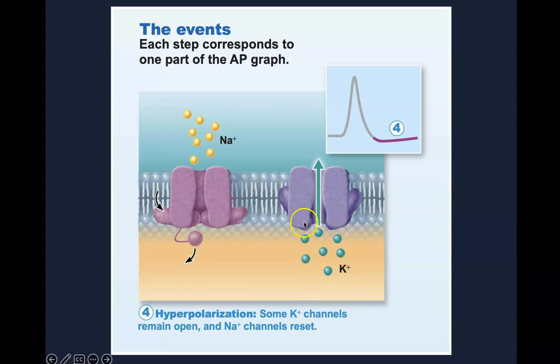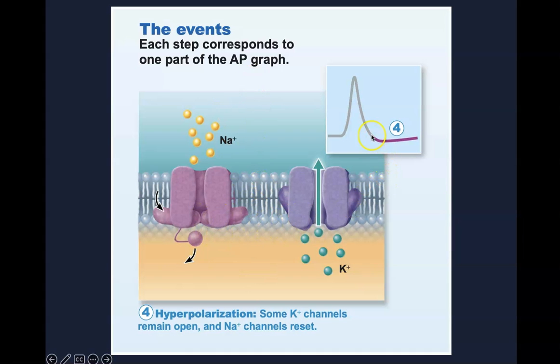Some of these potassium channels remain open. And finally here, our sodium channels are going to reset. So our inactivation gates are finally going to release and our activation gates are going to close. Now, this sodium channel can then be triggered by another change in membrane potential.